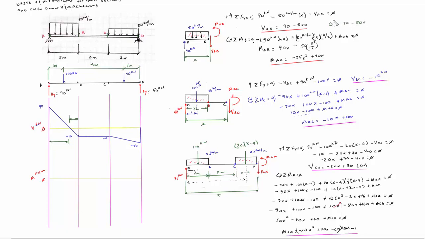So take the 50 over, and you'd have 50x is equal to 90. We'll say that x is going to be equal to 90 divided by 50, which is going to be 1.8. So this distance from here to here is going to be 1.8 meters.